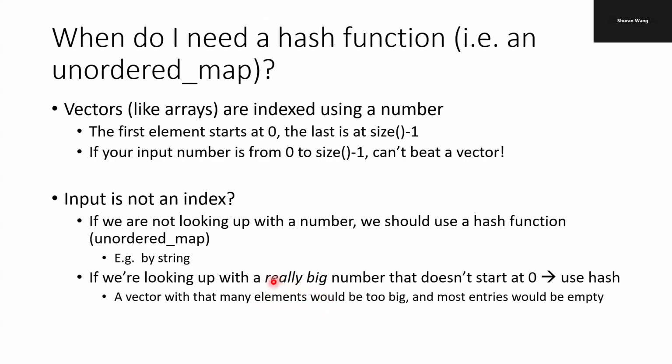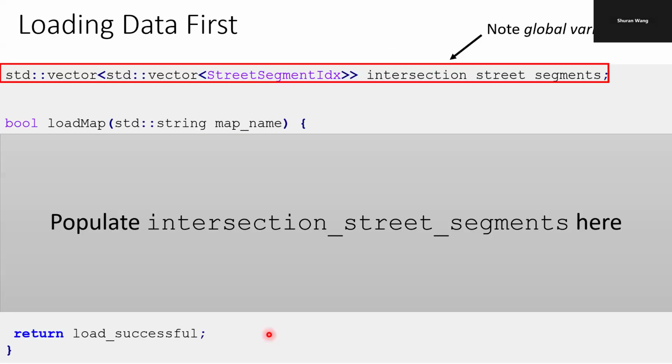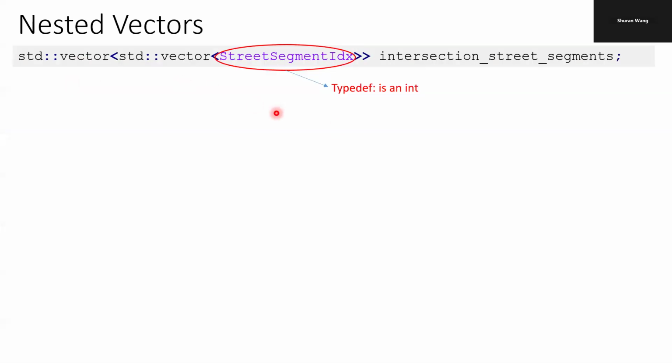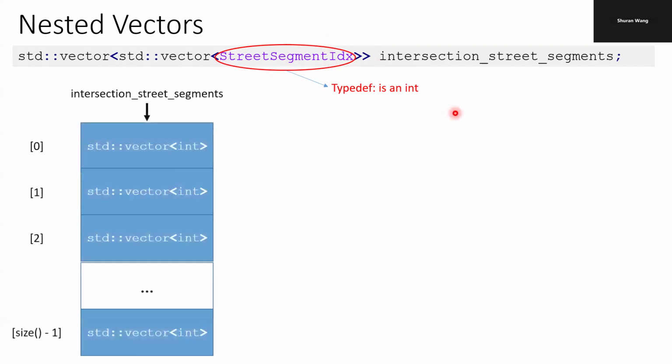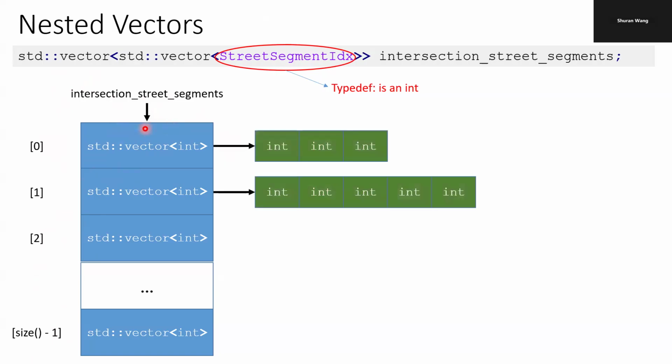And you will have usage of this. We choose a vector in this case because we're indexing from 0 to number of intersections minus 1. So the global variable will be a vector of integer. What does this look like? Street segment index is a typedef to integer. So we have a vector that goes from 0 to number of intersections minus 1, and each entry contains a vector of integers.